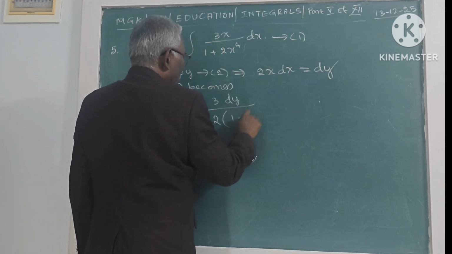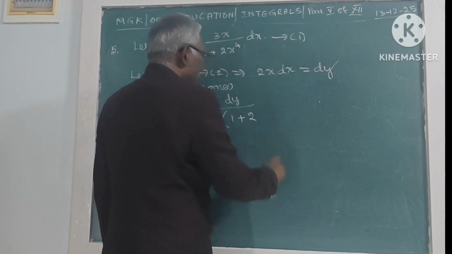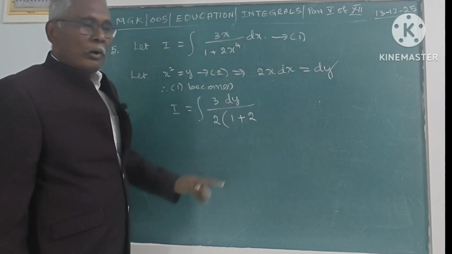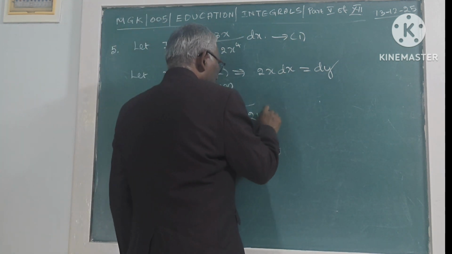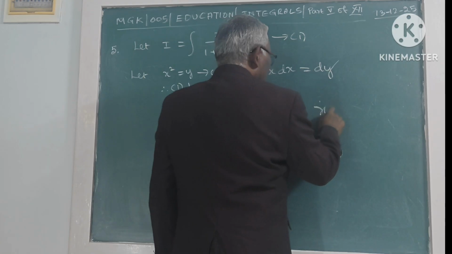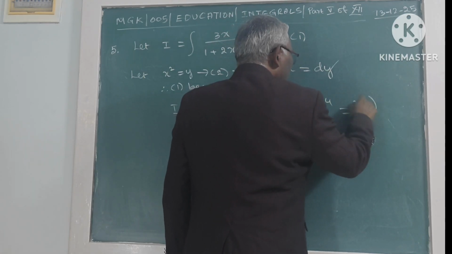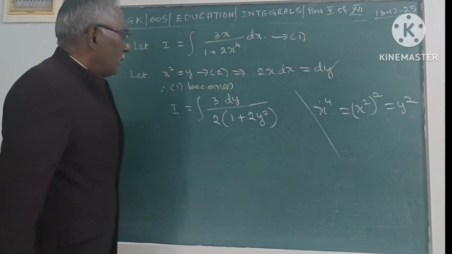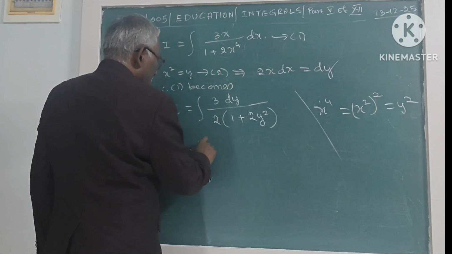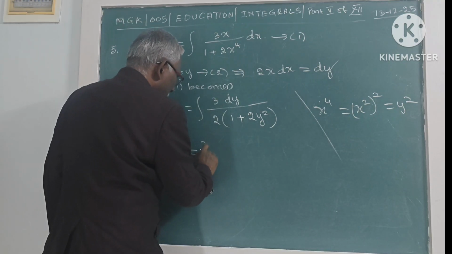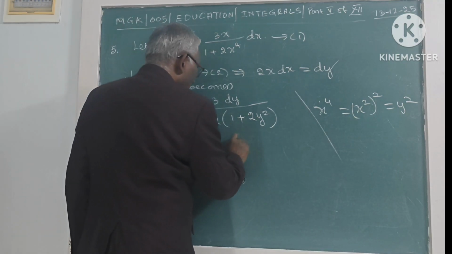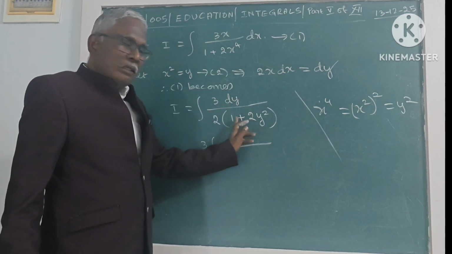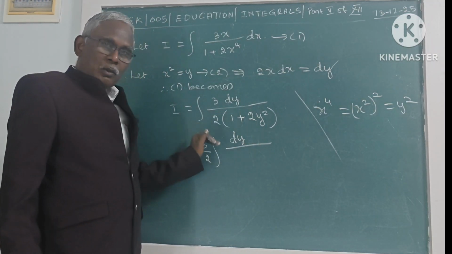Then 1 plus 2 times x square, we have taken as y, so this will become y square. So x power 4 we can write as x square square, so y square. Now we'll take 3 by 2 dy by, to bring this to the formula form, we'll take 2 outside.